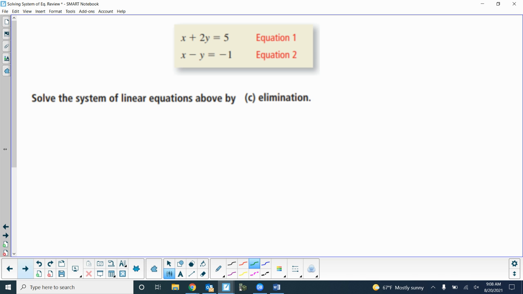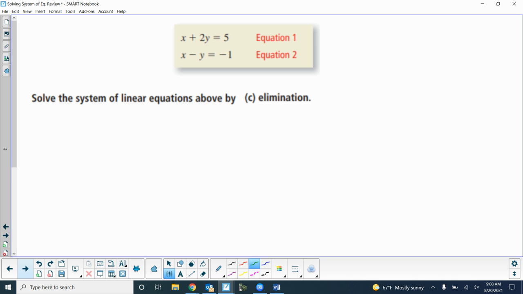So that step you don't really need to do, but you can. All right? Once you look to eliminate one of the variables, and again, it's your choice which one you want to eliminate, but save yourself some work. Look and see if either one of them has the same number in front. If they do, then that step you don't have to do, that multiplication.